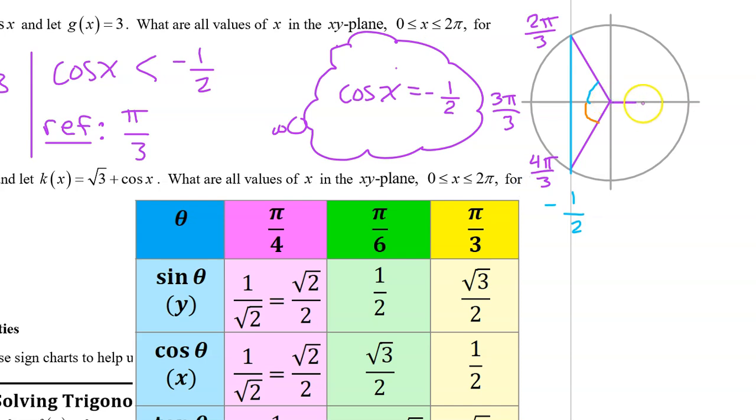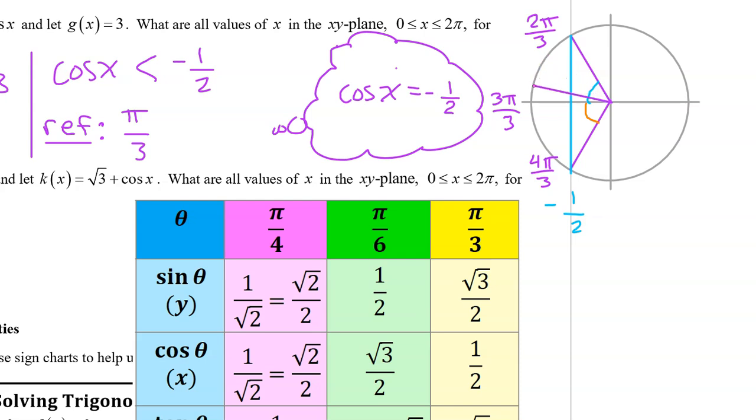I'm going to begin to rotate starting from 0 radians. Notice that the horizontal displacement, the x value, is greater than negative 1/2 as I rotate, until I rotate to this first angle. Right here, the horizontal displacement is exactly negative 1/2. As I pass this angle and go into this interval, the horizontal displacement is now less than negative 1/2.